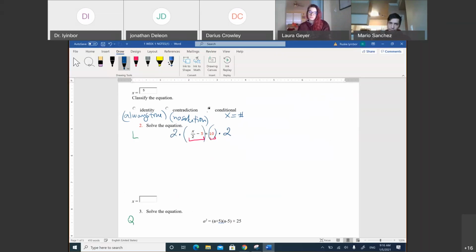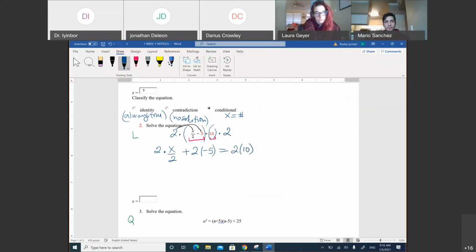2 times x over 2 minus 5. So I'm going to multiply 2 times this, 2 times this. We're going to distribute. 2 times x over 2 minus 2 times 5, or plus 2 times negative 5, doesn't matter, equals 2 times 10, right?